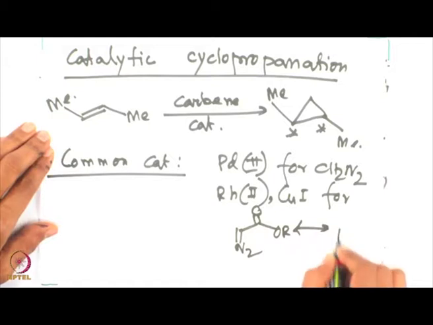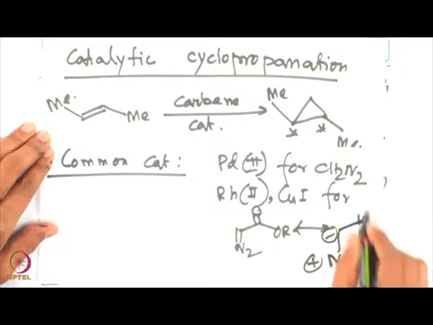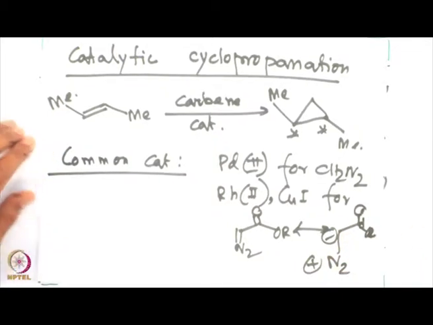So, this is in equilibrium with, you can see, N2 plus, and this is carbon minus COOR. Of course, you can think of this diazo reagent, diazomethane CH2N2 and diazoester and so on. Of course, palladium and rhodium are the two metals that are used. Rhodium is often used in conjunction with copper, but it is as if a metal carbene, metal double bond CH2. This is the chemistry that is used for cyclopropanation chemistry, right.